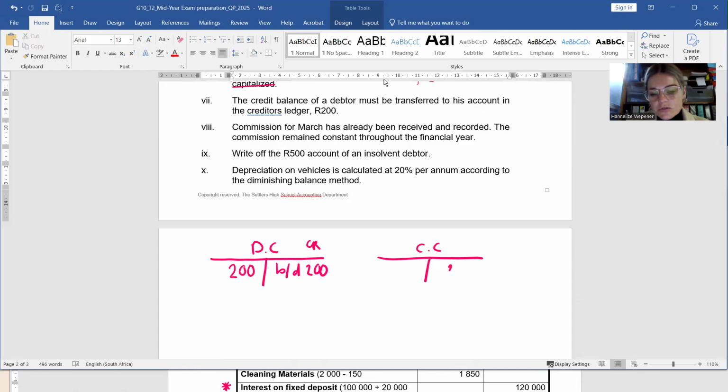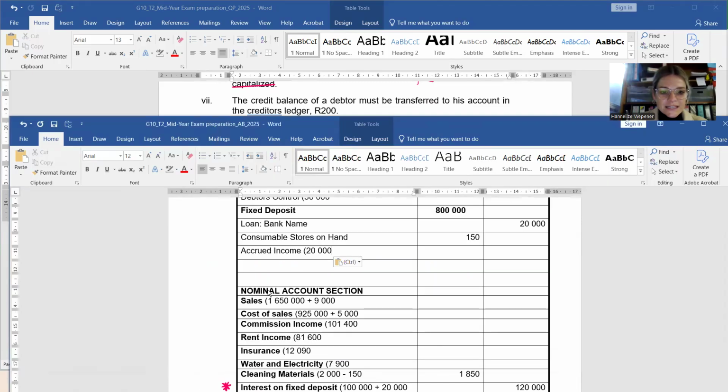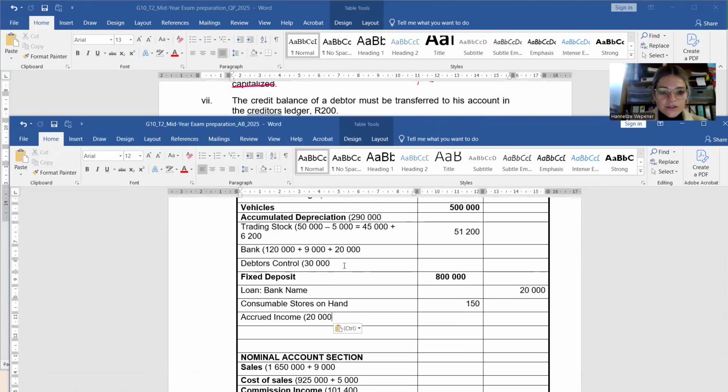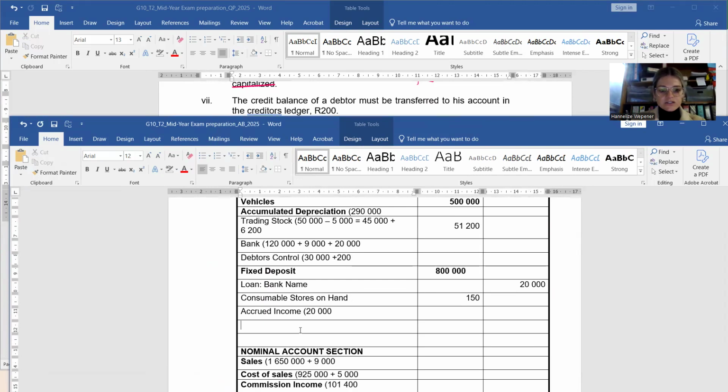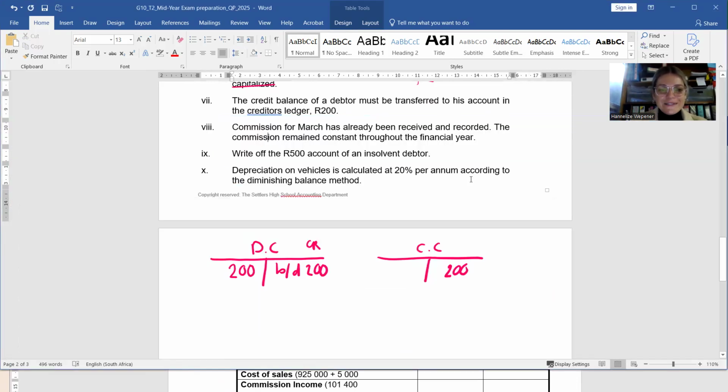I want to rather reflect him as a creditor because I don't want debtors with credit balances. So I need to debit my debtors control to get rid of that negative, and then I need to credit my creditors control. I do not yet have creditors control, so I'm adding creditors control, 200 Rand. Okay, nice and easy one.